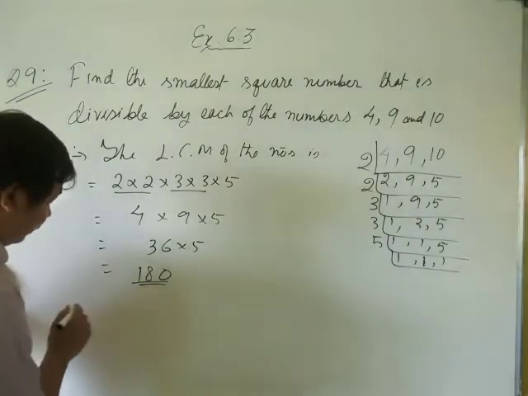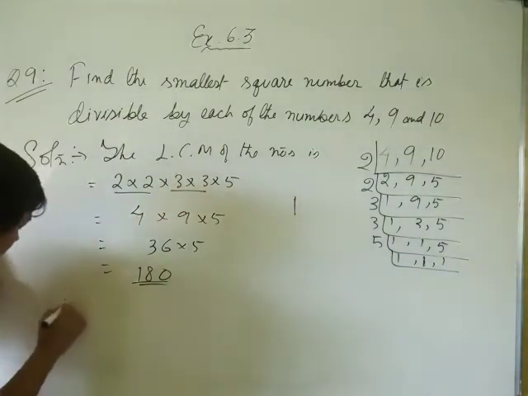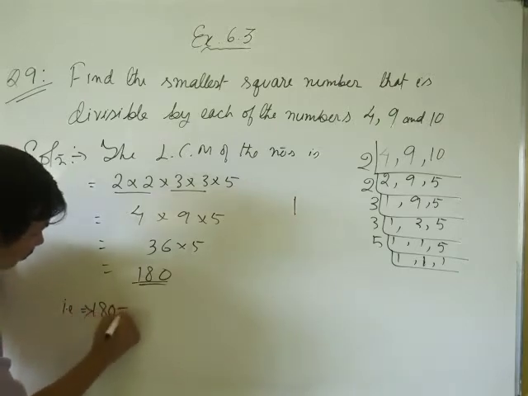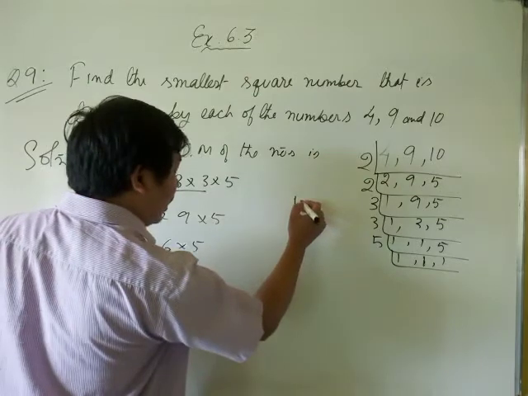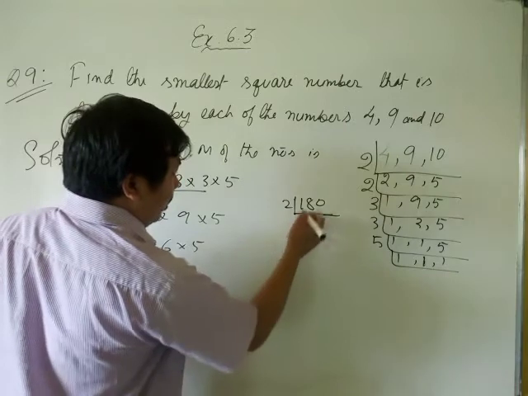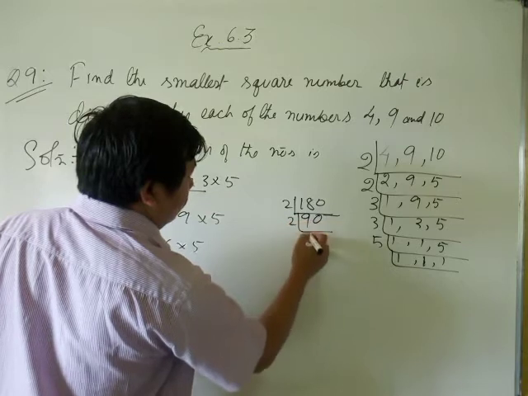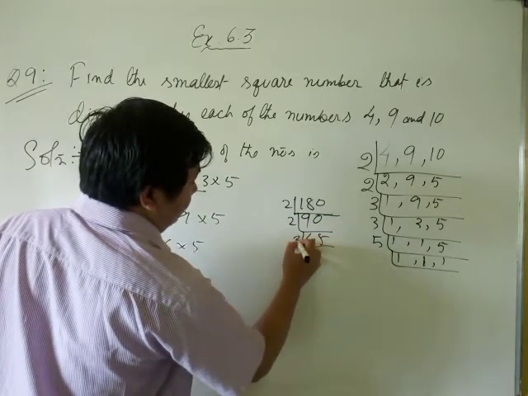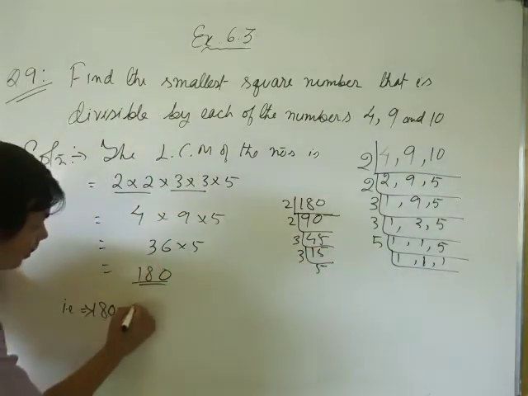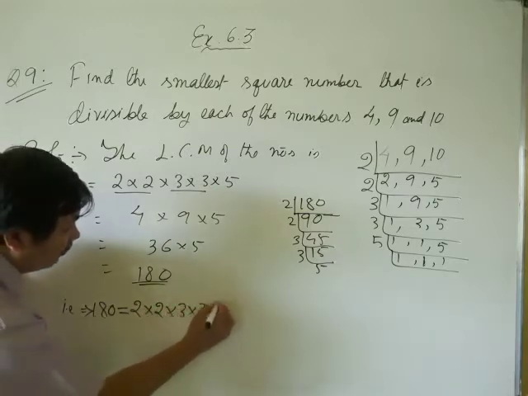180 is equal to, by factorization, 2 into 2 into 3 into 3 into 5.